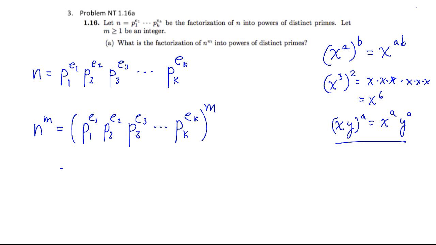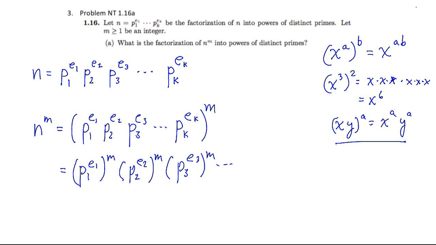And so I'm going to say that this is p1 to the e1 all raised to the m power times p2 to the e2 all raised to the m power times p3 to the e3 all raised to the m power times dot, dot, dot, pk to the ek all raised to the m power.